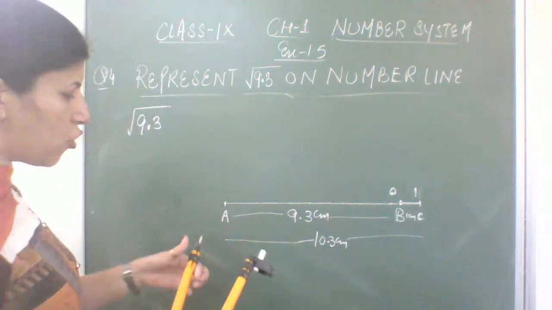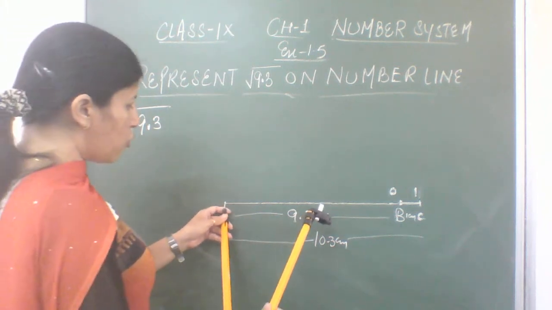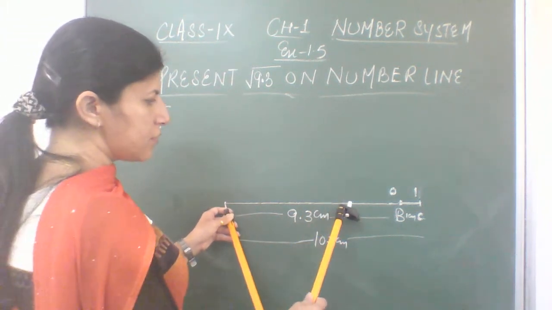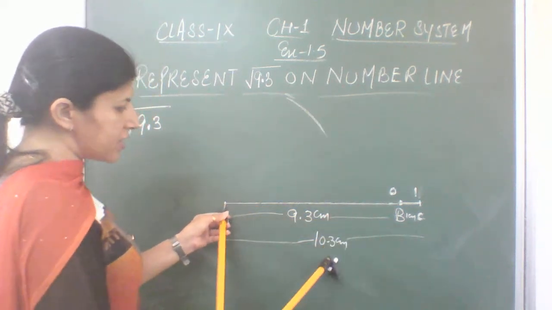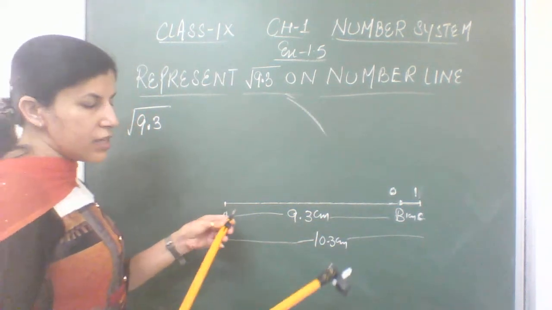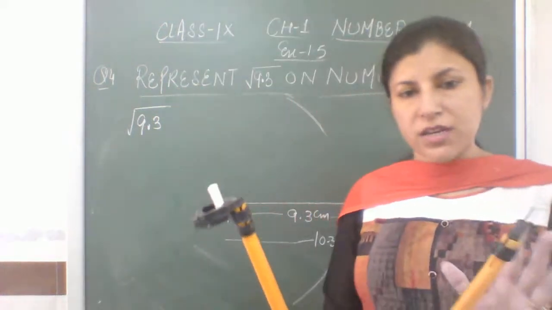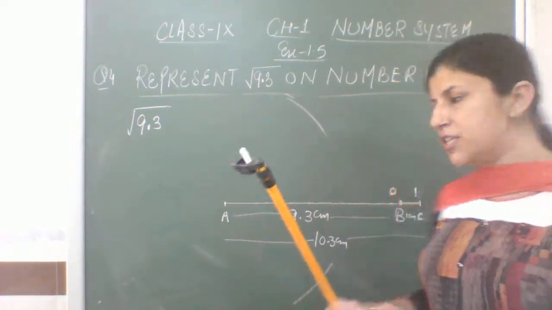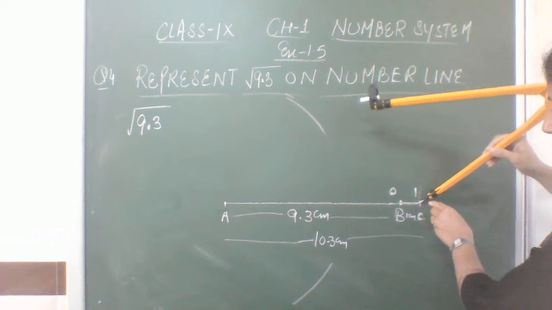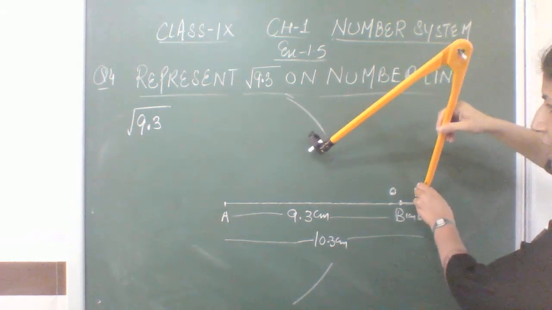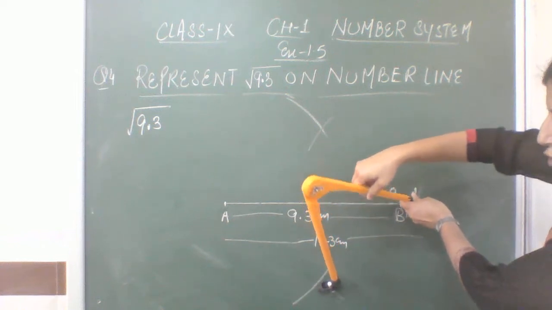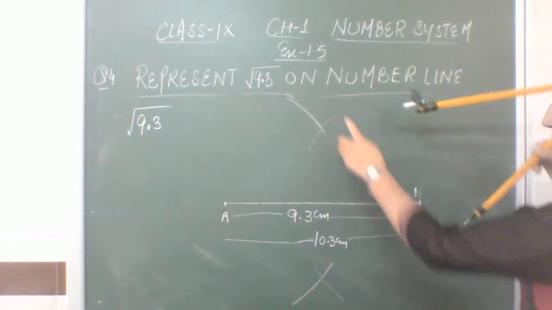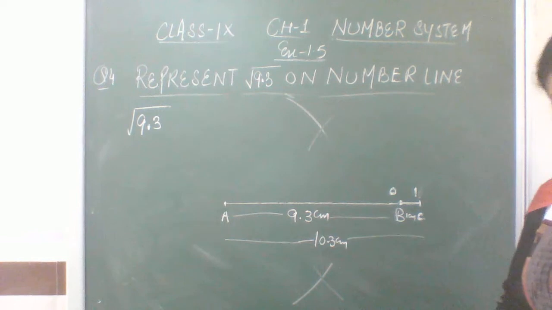And how can we draw it? Open your compass more than half of AC. Mark one arc above the line and another one below the line. With the same opening, without disturbing the radius, place it at C and mark another arc above the line AC and one below the line AC, intersecting the previously drawn arcs.